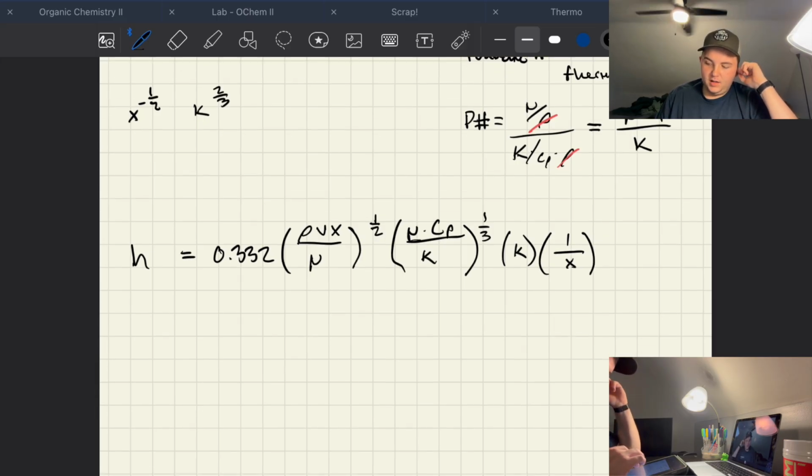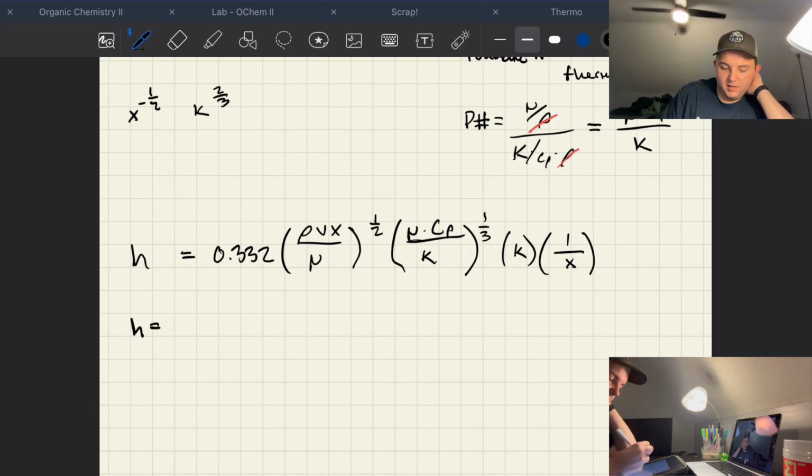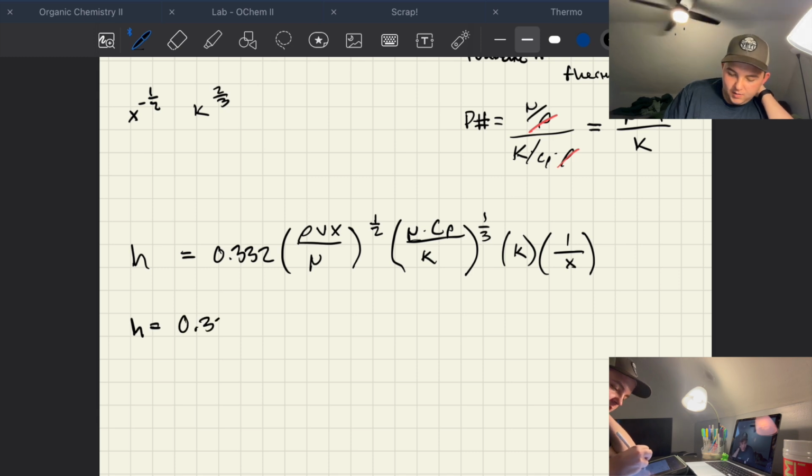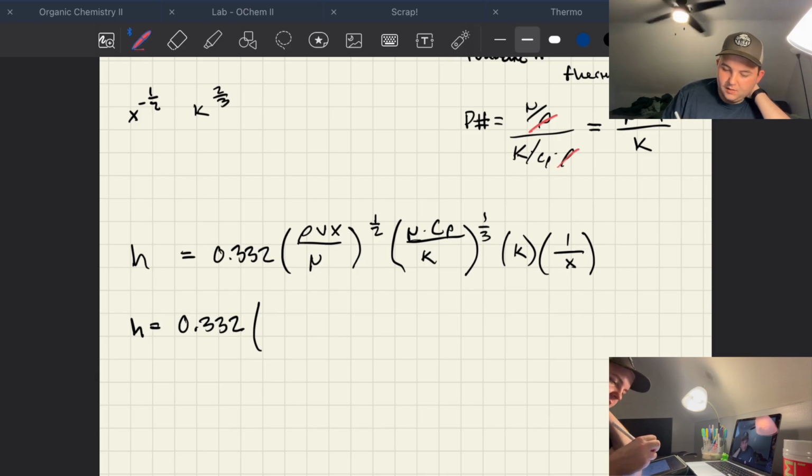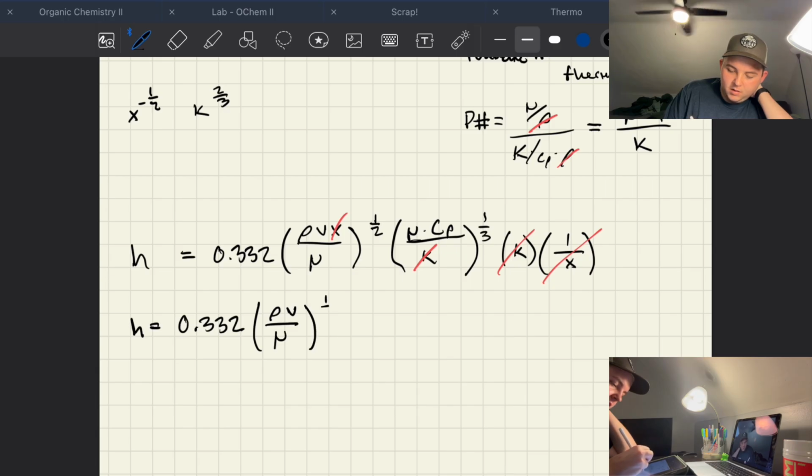Then everything can just be rewritten. So h is equal to 0.332, and we make sure we cancel these. Those k's and x's get canceled. So we're left with rho v over mu to the 1/2 times mu Cp to the 1/3.